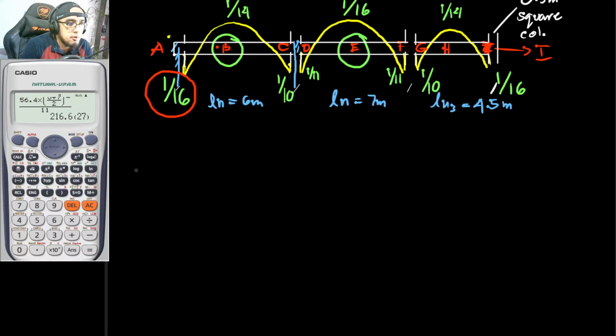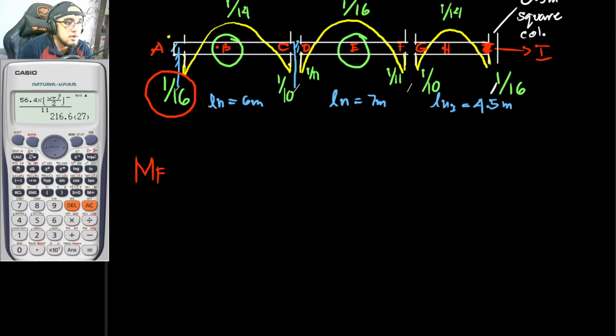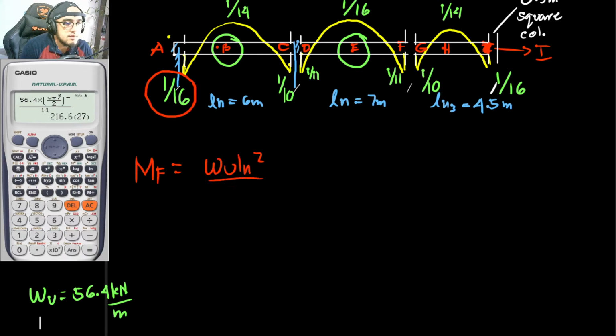So for your moment at F, so MF, nakalimutan ko na naman. So 56.4, copy ko lang ulit. So this is to be, once again, W ln squared divided by coefficient. And in this case, yung coefficient niya is to be 1 over 11. So 56.4 times ln.